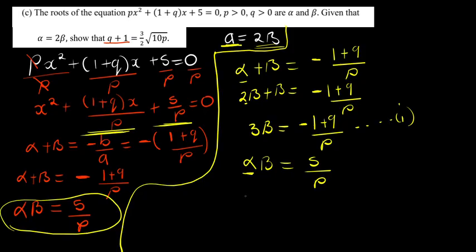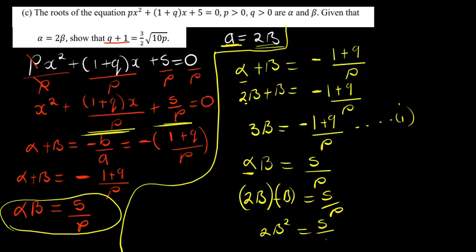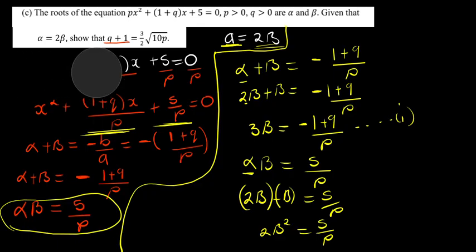So I'll put 2 beta there, then multiply with beta equal to 5 over p. So what is the answer there? It will be 2 beta squared equal to 5 over p. Okay, so now I'm still creating the space. Let me just create a space here.